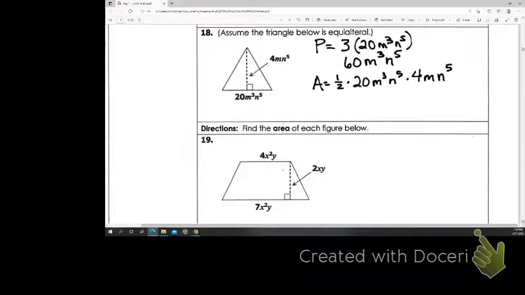So here I could go ahead and think half of 20 is 10, and then 10 times 4 is 40, and this is multiplying, so I'm going to add my exponents. So 3 plus 1, 4, 5 plus 5, and to the 10th.